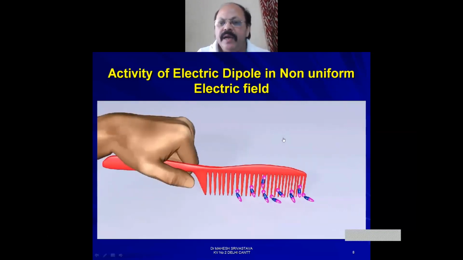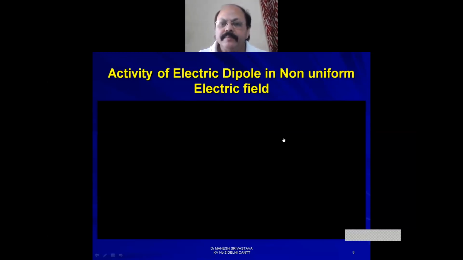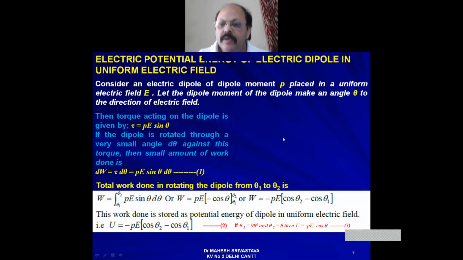And this electric field is non-uniform, so the net force developed on the pieces of paper is towards the charged comb. So that is the reason the pieces of paper get attracted towards the charged comb.